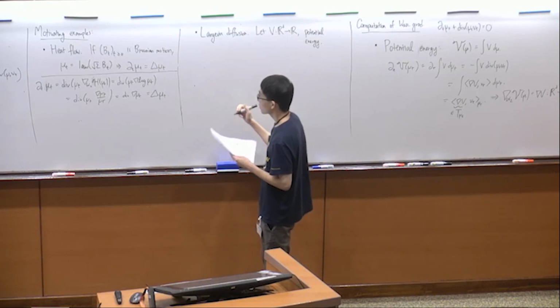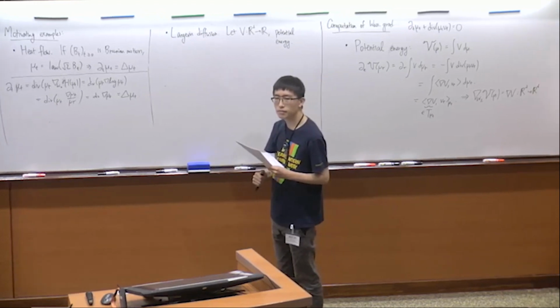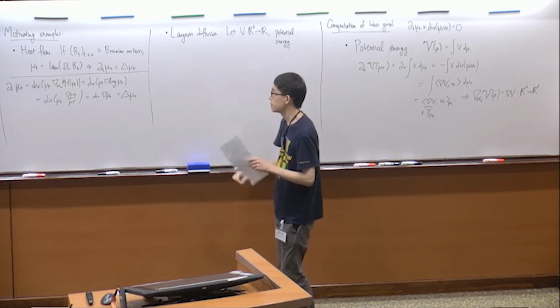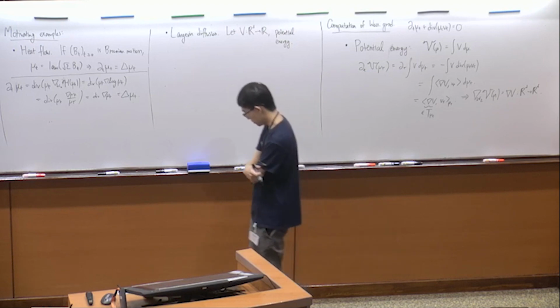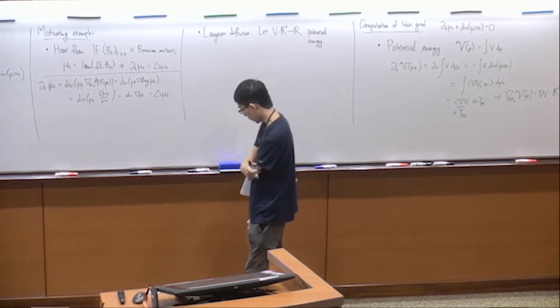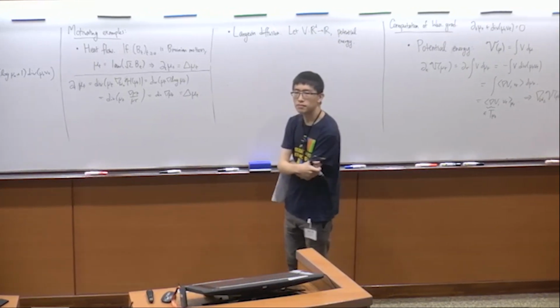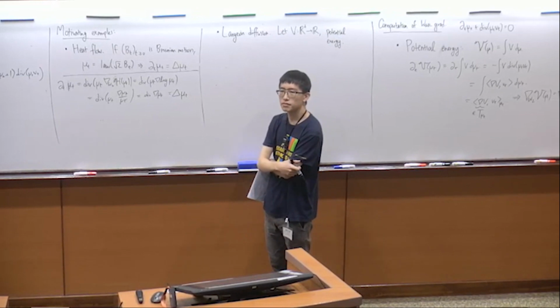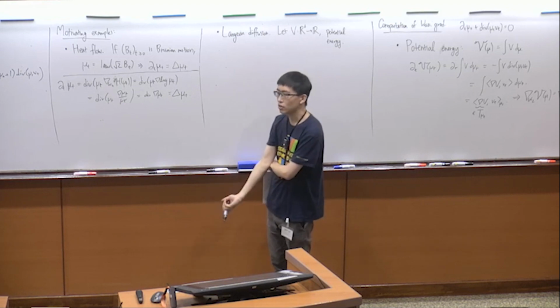Okay, so let's look at, yes, question? Is there an easy way to see that the Gaussian maximizes entropy from this kind of result? That's a good question. Gaussians maximize entropy subject to a covariance constraint, right?